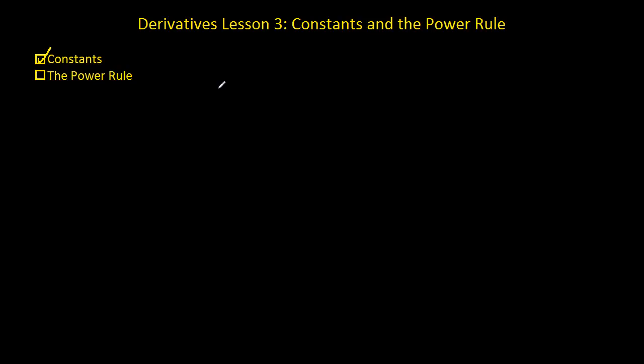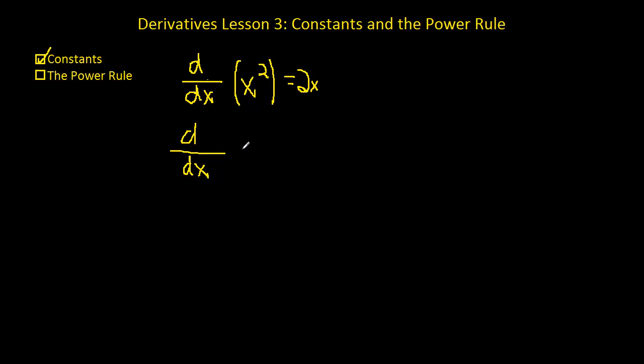We saw from the other videos that the derivative of x squared equals 2x, and the derivative of x cubed equals 3x squared.